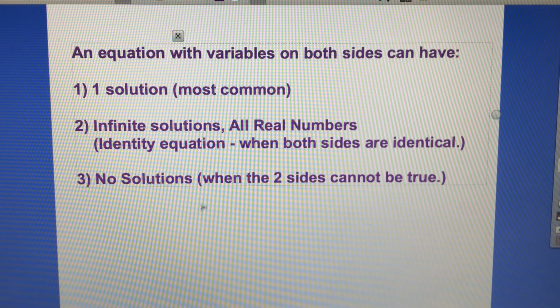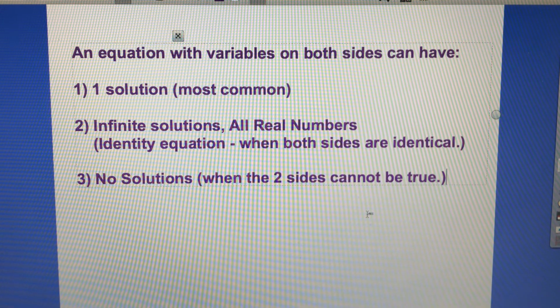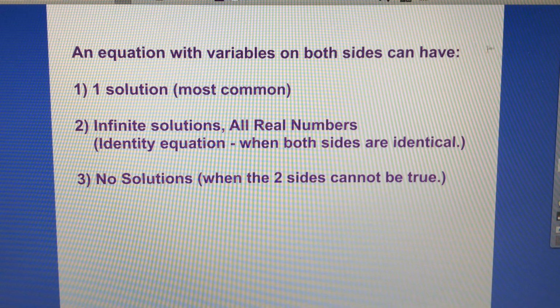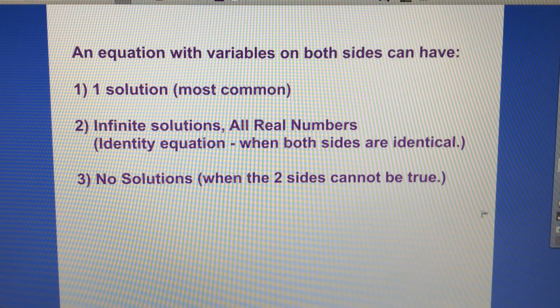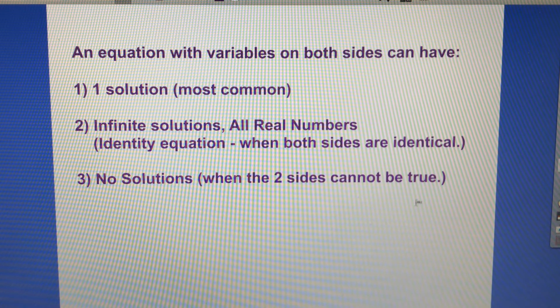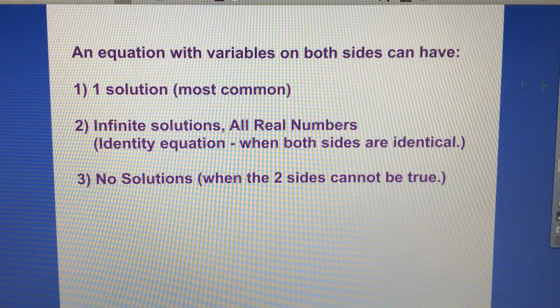Or you can have no solution, when the two sides cannot be true. Clearly, this is very important to remember. So often you're trying to solve and you're going, I don't get it, I can't do it, because maybe you can't, because there's no solution. Please take your time.